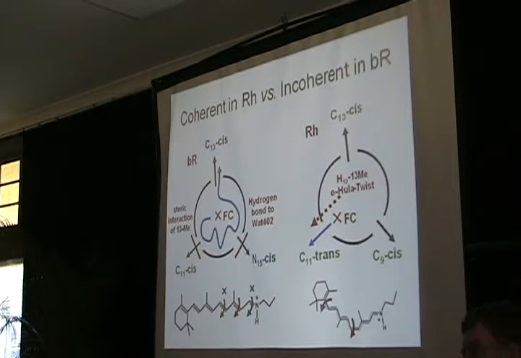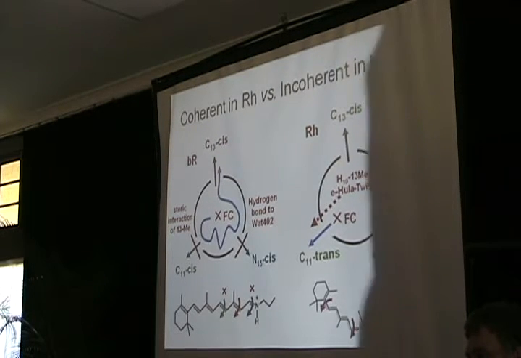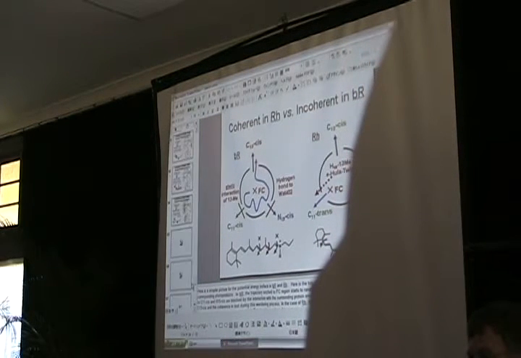Okay, quickly, another question. When you did this rhodopsin simulation, did you match recent Raman data? Actually, I expected that question.